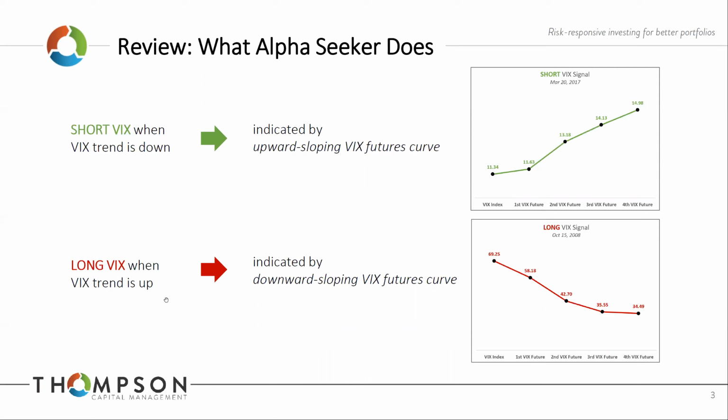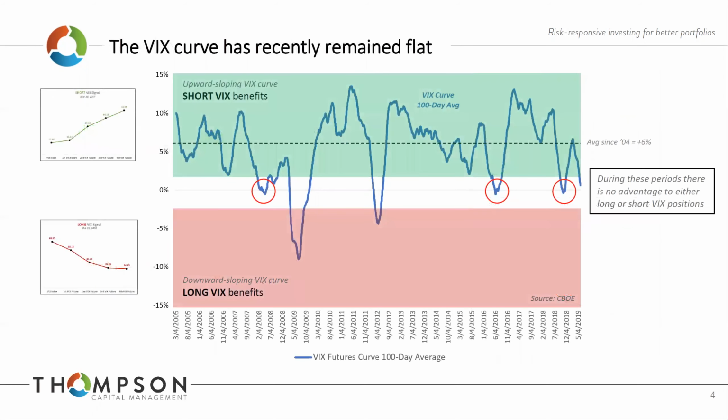The inverted curve happens in a stressed market like December 2018 or 2008. When we see that signal, we'll go buy VIX, looking for volatility to rise. In that scenario, we profit if volatility rises. So those are the two sides of the spectrum.